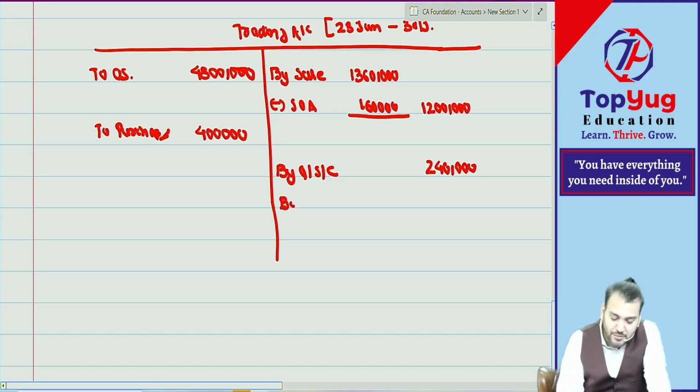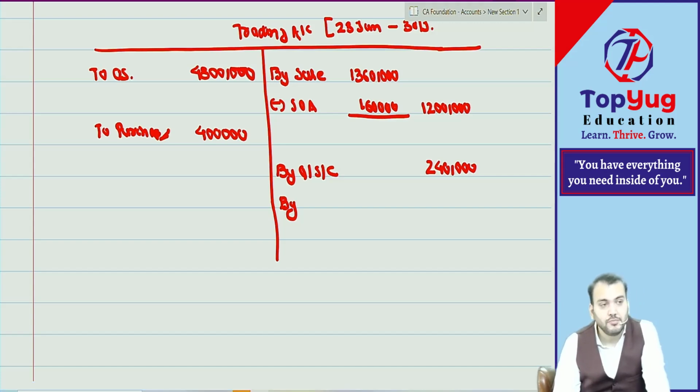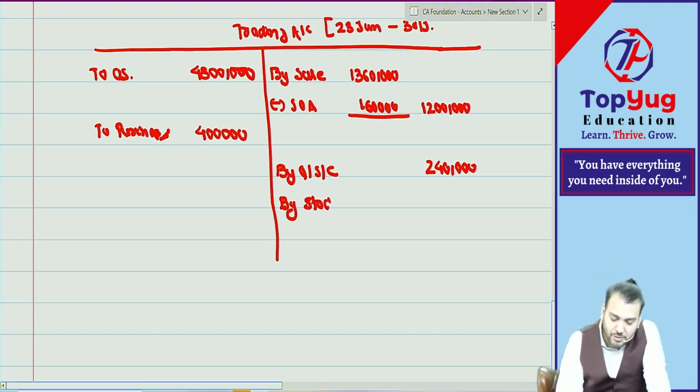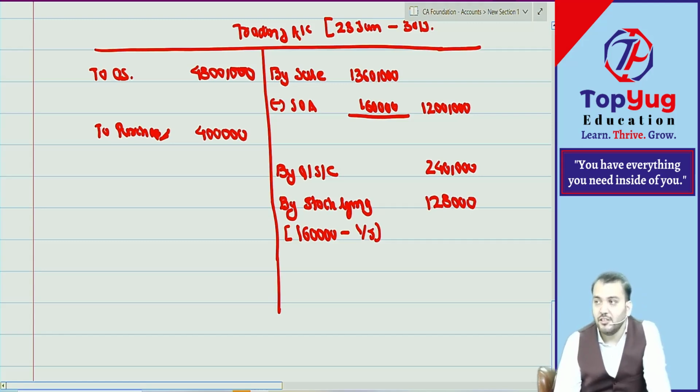Trading account. Stock lying with the customer is 1 lakh 60,000. From this we'll deduct the profit. 1/5 is the profit. It is coming 1 lakh 28,000.